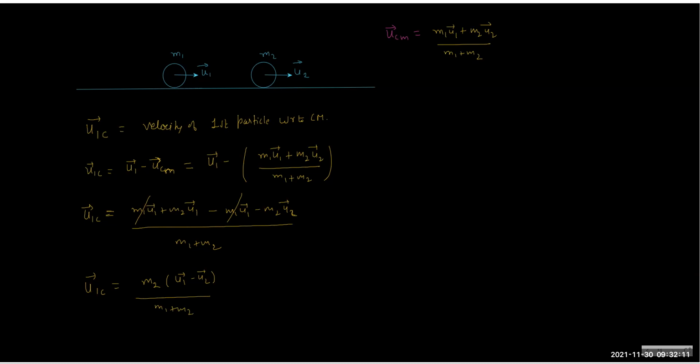So it is m2 times (u1 minus u2) upon (m1 + m2), which is again something like the relative velocity of approach, right? Now the next part I will not solve, I can directly write. So similarly u2c, just interchange the 1 with 2 and that's it. And then it really doesn't matter if you interchange or not. So now we know the velocity of each particle in the CM frame.